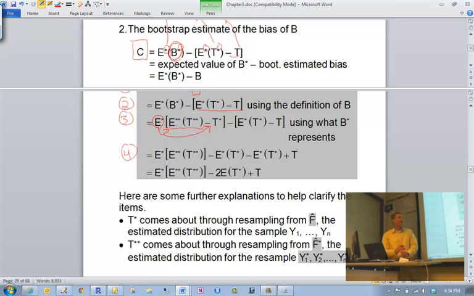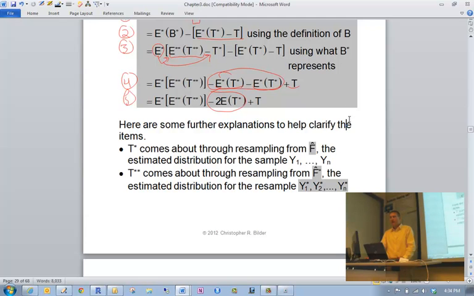So expected value star of the expected value star star of T star star minus expected value star T star minus expected value T star plus T. So I combine that in step 5. I simply combine these two. So that's C. Again, an estimate of the bias of the bias.